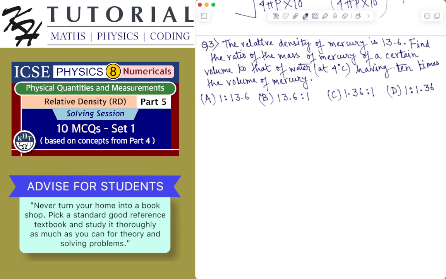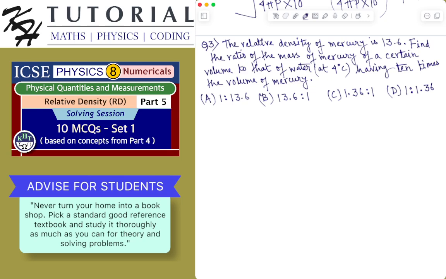Immediately we will know it's the density of the mercury either in gram per centimeter cube or in kilogram per meter cube. Always remember that from the relative density you can always know the density of the substance. Now the question is asking to find the ratio of the mass of mercury of a certain volume to the mass of the water at 4 degrees centigrade having 10 times the volume of mercury.